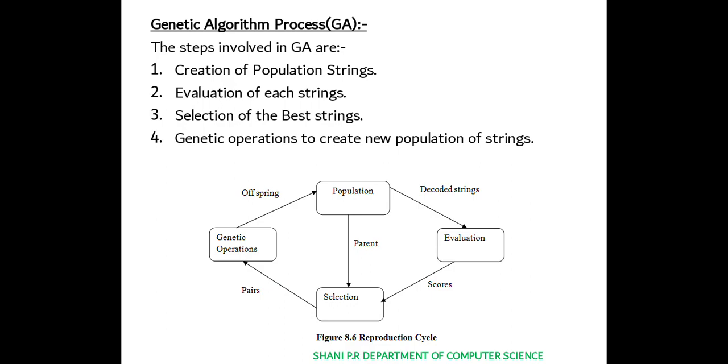If we didn't get the particular output or predicted value, then after the evaluation process it will move into the selection process. From the selection process it will select those strings and calculate them, and they will be moved into the genetic operations.